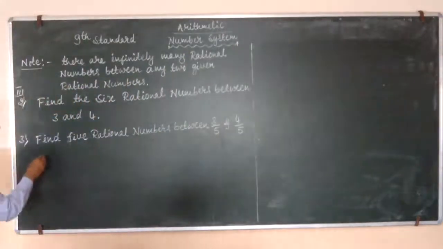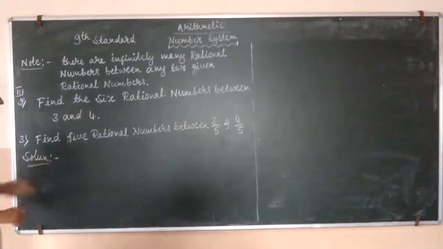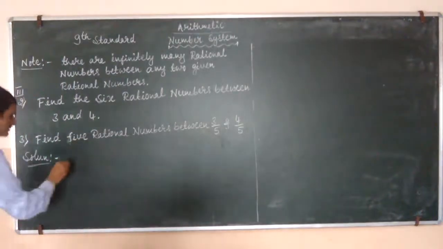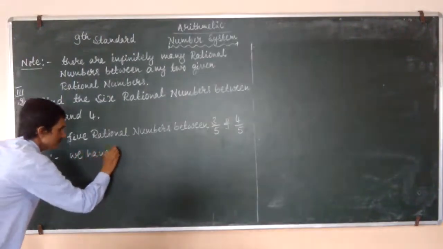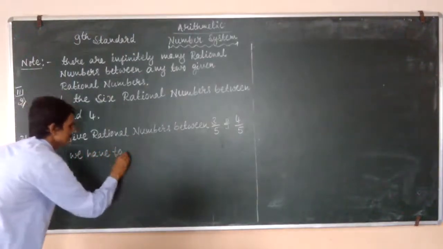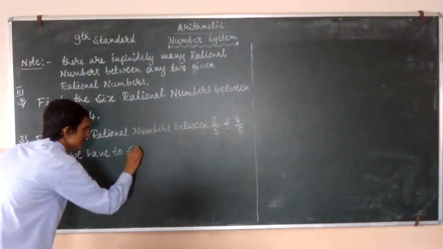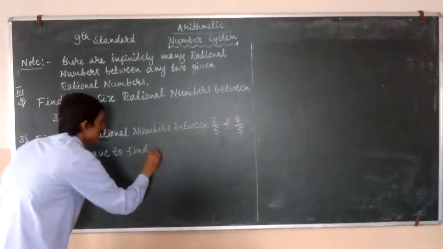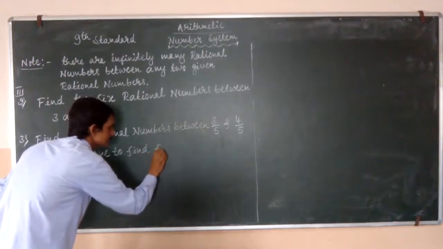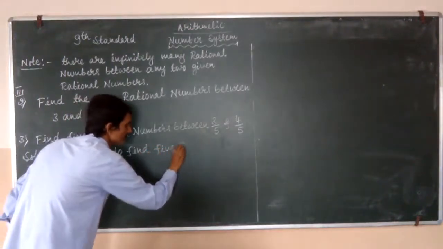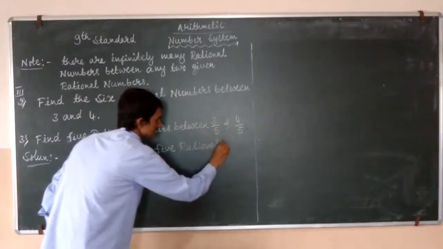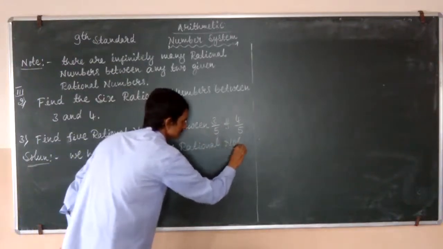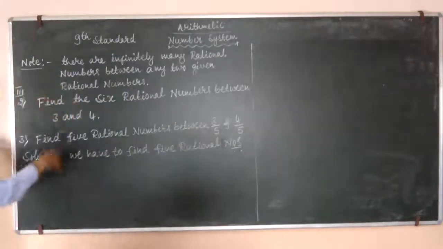So in the previous problem, students, we have to find 5 rational numbers. For this we have to convert.